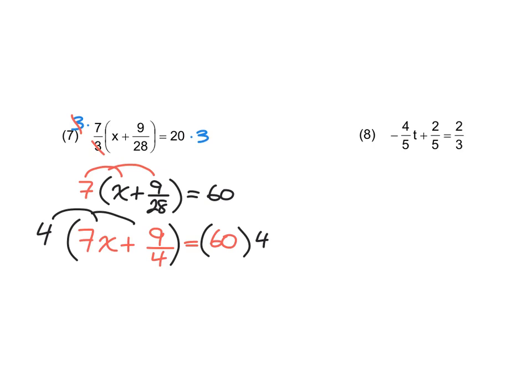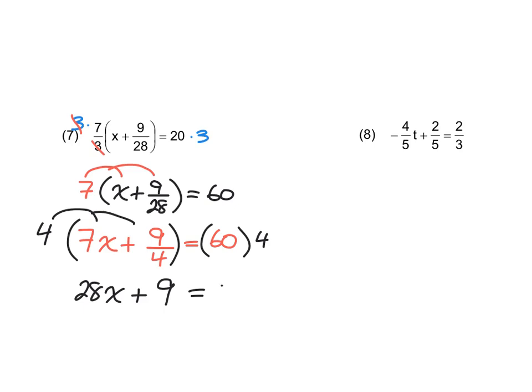All right, so 4 times 7x, 28x, 4 times 9 fourths, that's 9. Yeah, you could cancel the 4s, exactly. 60 times 4?